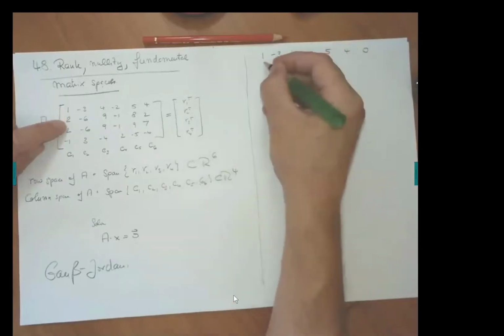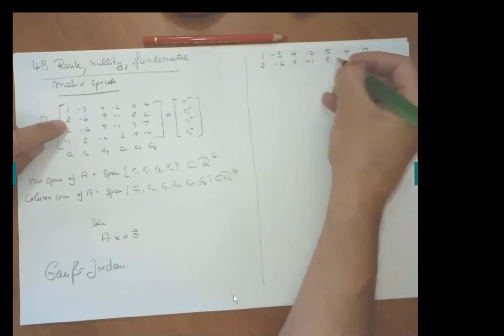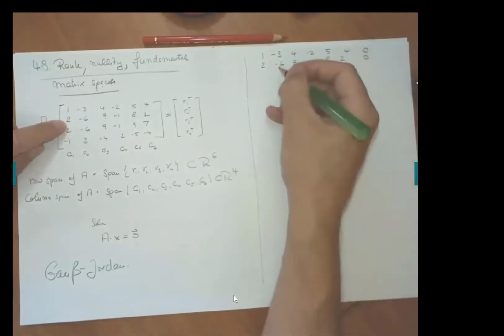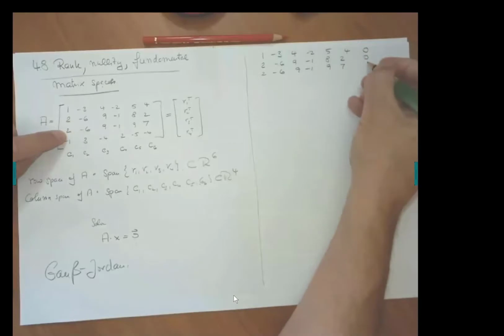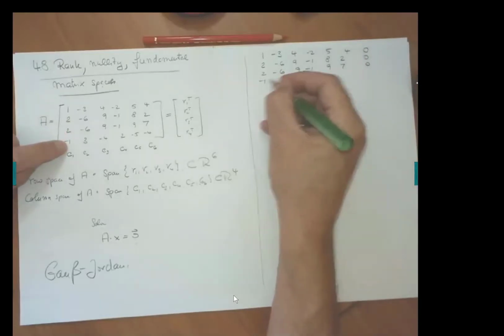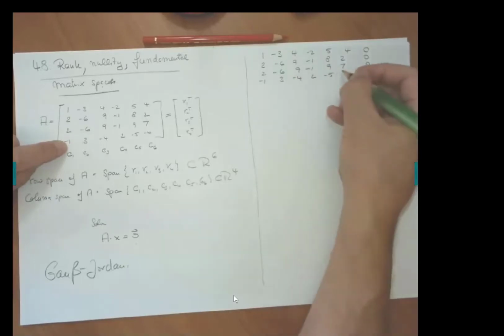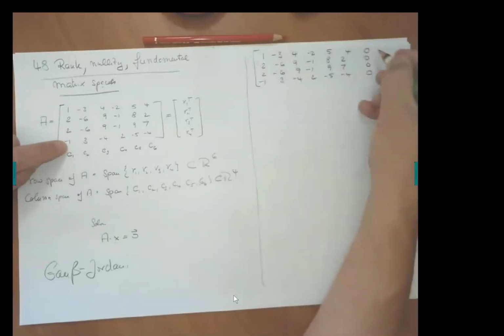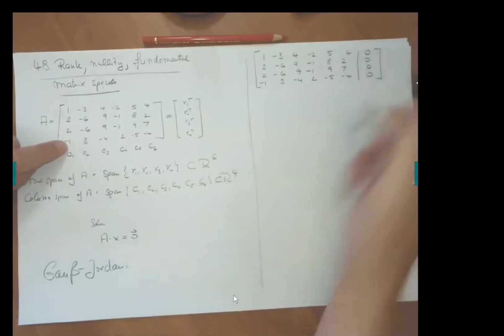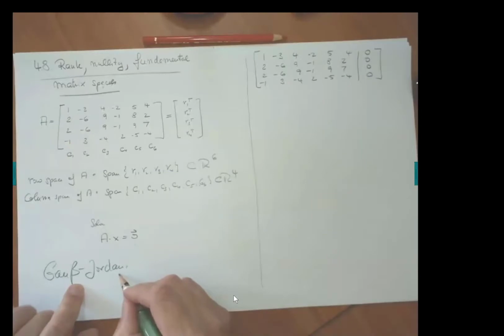Then 2, -6, 9, -1, 8, 2, 0. 2, -6, 9, -1, 9, 7, 0. -1, 3, -4, 2, -5, -4, and 0. So that would be the augmented matrix. I hope I didn't copy something wrong. Okay, and we do Gauss-Jordan to bring it to reduced row echelon form.